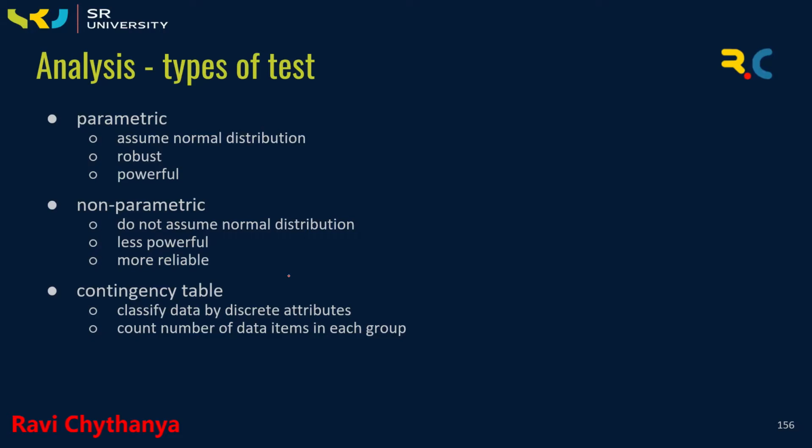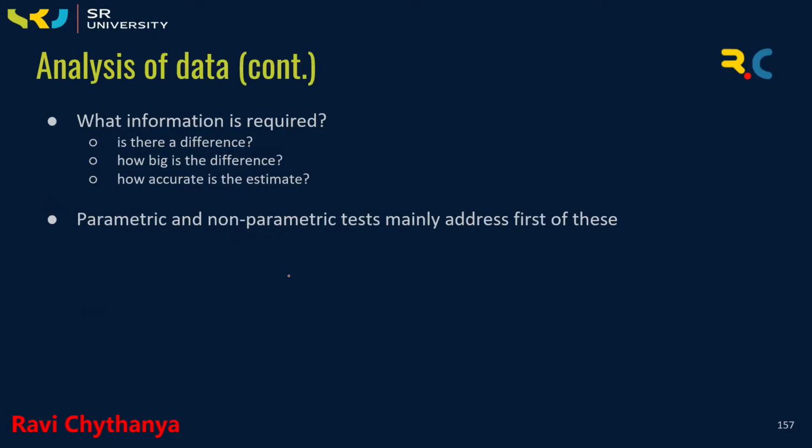And what information do you require for the analysis of the data? First, is there any difference? And if there is any difference, then how big is the difference? And then how accurate is the estimate? How accurate is whatever you estimated?